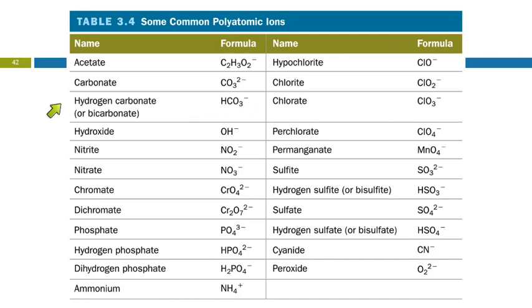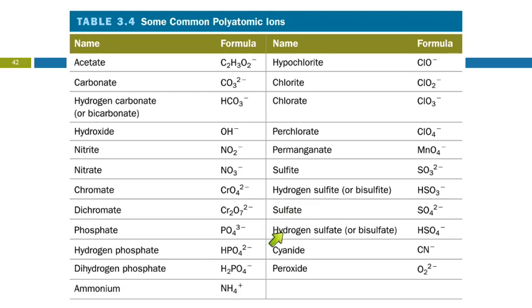So HCO3 is called hydrogen carbonate. Another name for it is bicarbonate. So I want you to be aware of bicarbonate. I won't use it on exams. I prefer hydrogen carbonate. Bicarbonate just gets confusing.